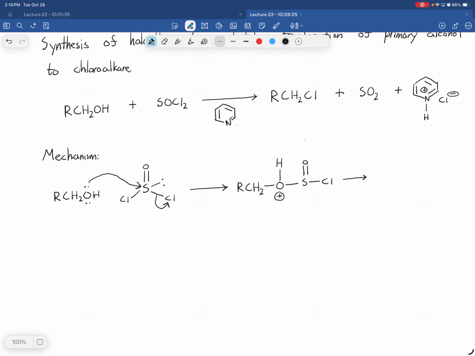All right, so the pyridine now will come into its role as a base. It's going to deprotonate the hydrogen here. So whenever you have an acidic hydrogen, a good next step is to deprotonate it. So once you have that, you will now have the first byproduct, which is the pyridinium salt right here.